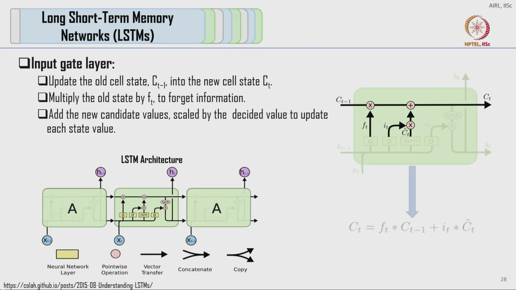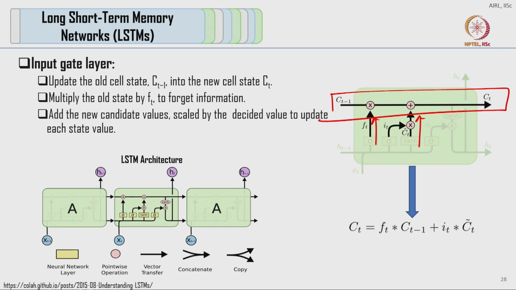Now we also have the input gate. The input gate focuses on merging the information from the forget gate and the input gate, right. So, the cell information from the previous state, cell state t minus 1, to the new cell state t can be forgotten using ft and could be modified with new information using the input gate, right.